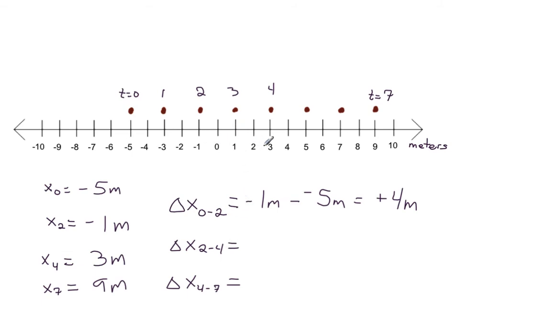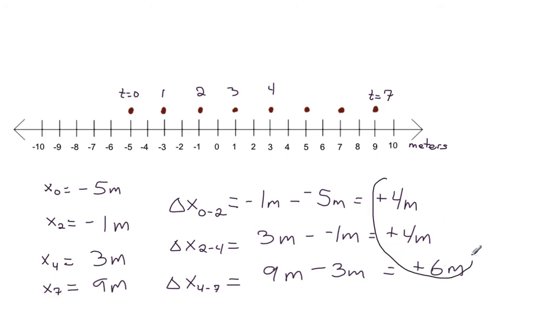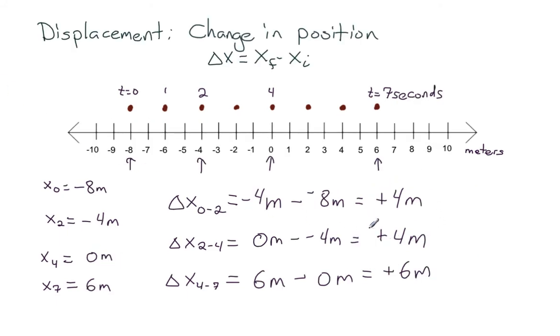From 2 to 4 seconds, 3 meters minus negative 1 meter is also equal to positive 4 meters. From 4 to 7 seconds, we have final minus initial. The final position is 9 meters minus 3 meters, which is positive 6 meters. And you'll see that these numbers are the same as these numbers were.